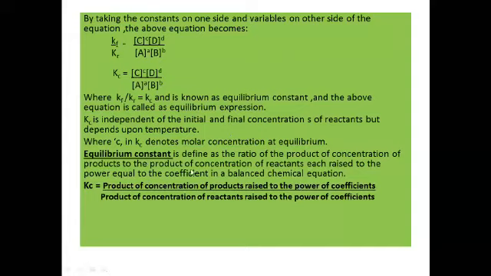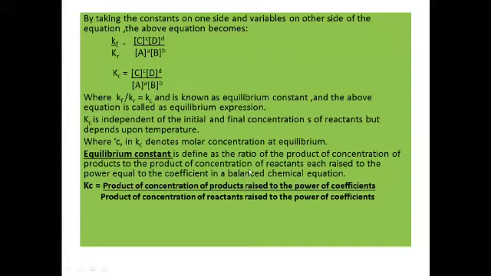The number which we write before any reacting substance or product is called the coefficient, or it is also called their number of moles which appear in a balanced chemical equation. You know that when we write a reaction, the important thing is first we have to balance it.